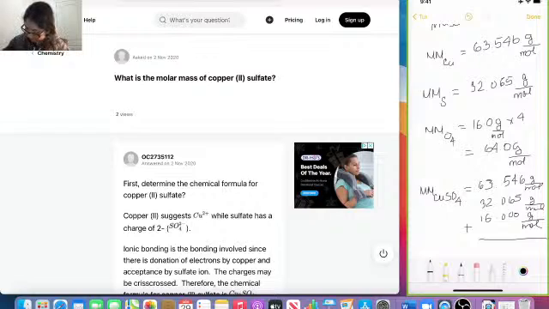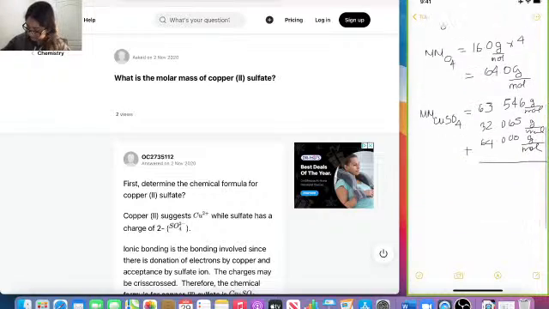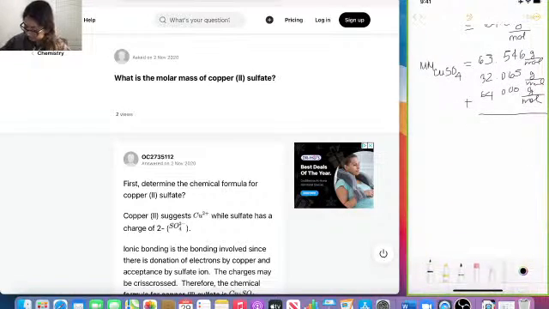Sorry, this is 64. So what you get here is 159.611 grams per mole.